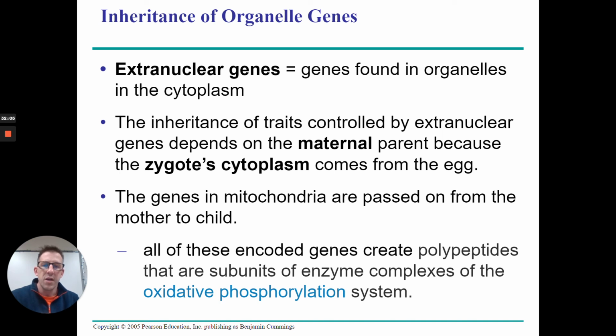Okay? So the inheritance of traits controlled by extracellular genes depends on the maternal parent, because the zygote cytoplasm comes from the egg. I'll throw up some diagrams to show you what I'm talking about. The genes in the mitochondria are passed on from mother to child.